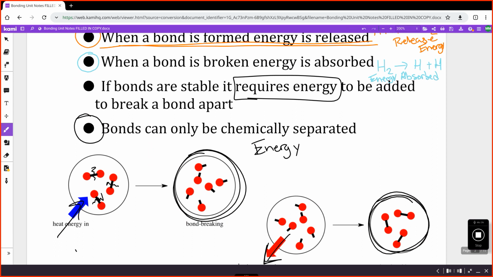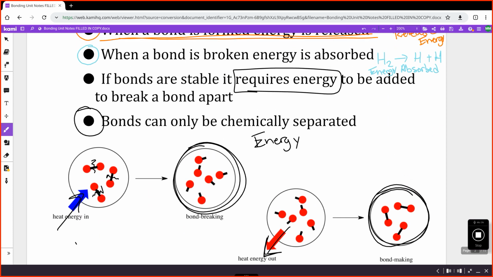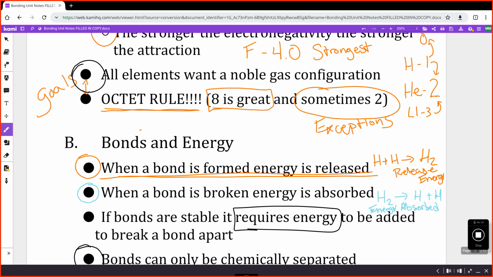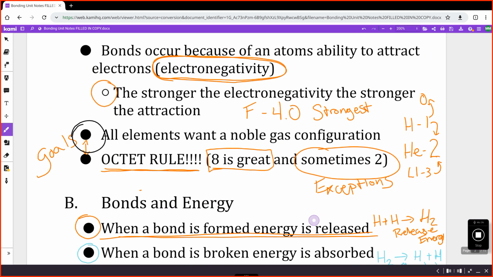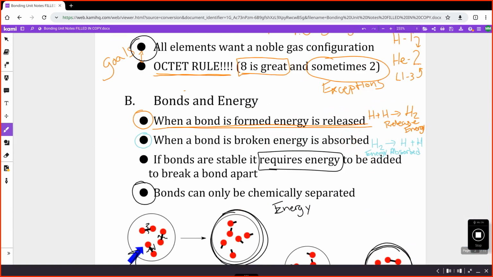Their strength of attraction is way too strong. So that wraps up the introduction about bonds, what they're about, why they do what they do, and also the energy associated with them.